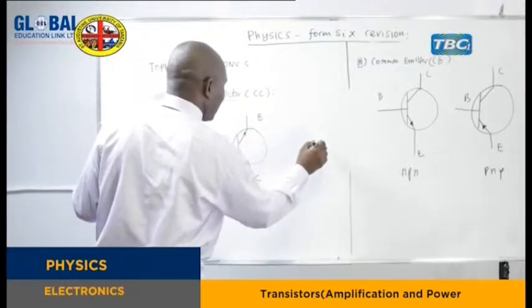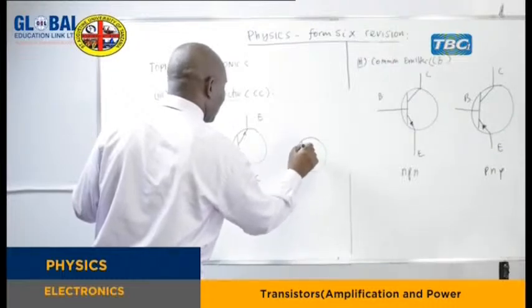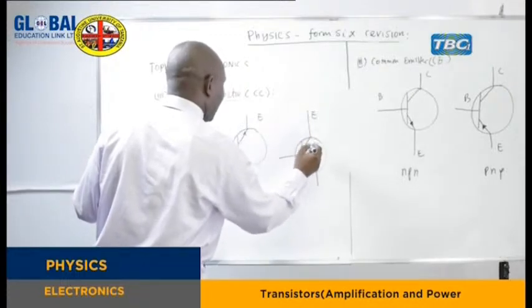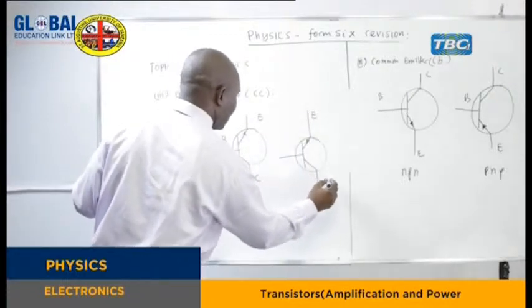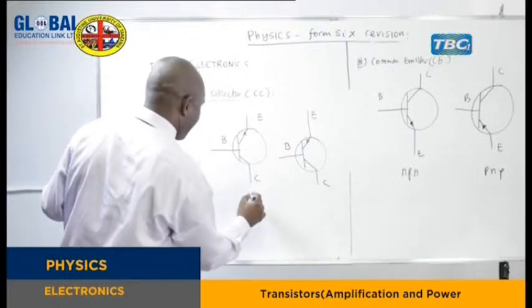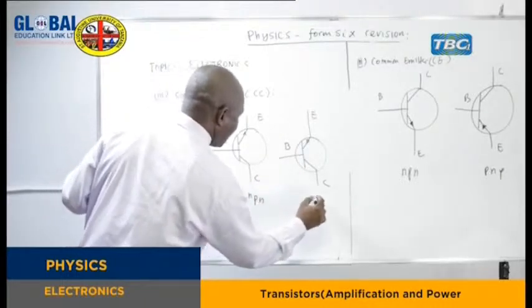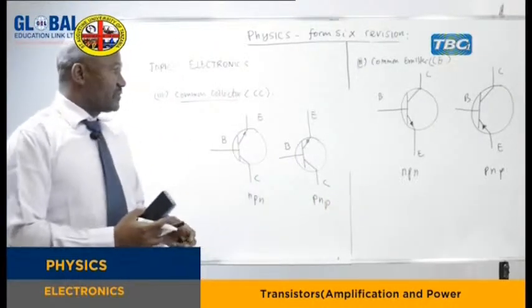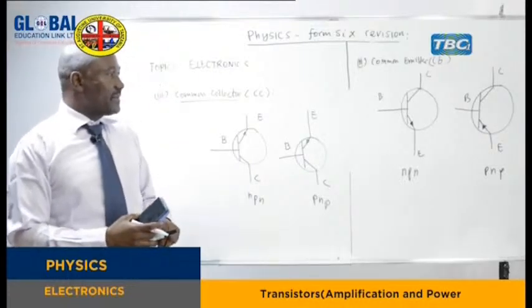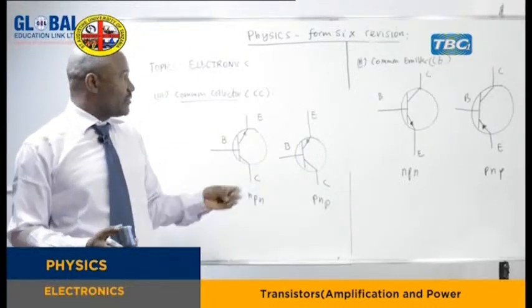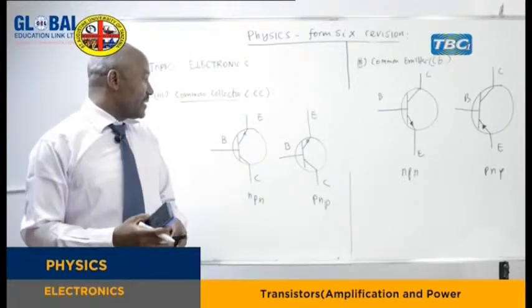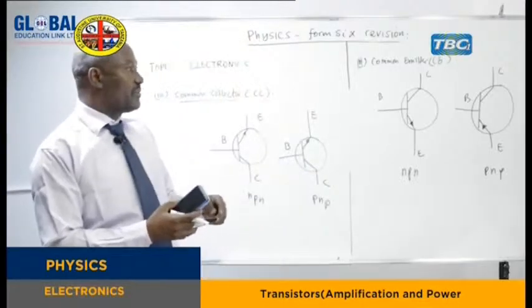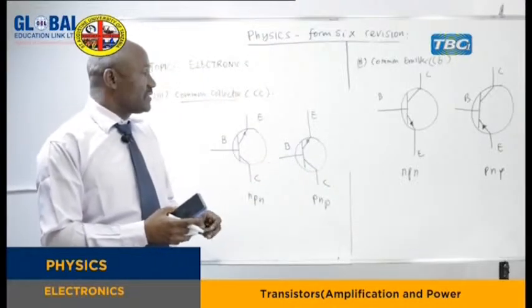Here we have that, so you can talk of NPN or PNP. E, C, B. NPN, this is P and P. So those are three types of connecting a transistor. We call them configurations. We have three ways of connecting a transistor, either in common base, common emitter, or in common collector.